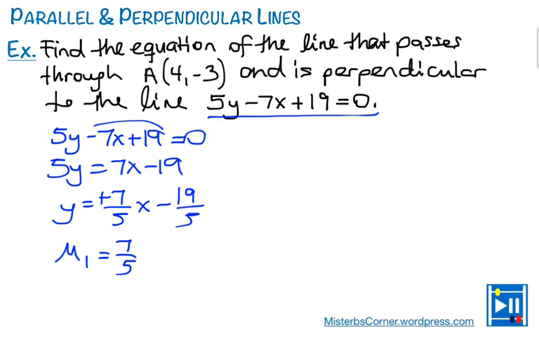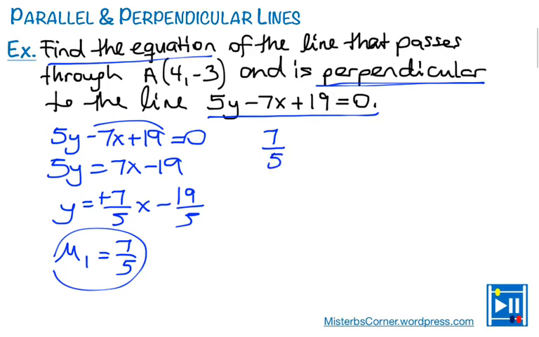So if the line I'm asked to find the equation of and the line given are perpendicular, I'm going to go like 7 over 5 times m2. This is the gradient of the line that I'm supposed to find the equation of, right? These two must multiply out to minus 1.